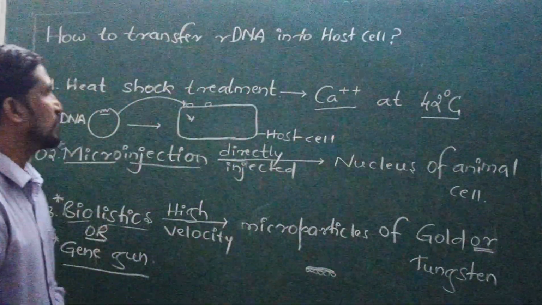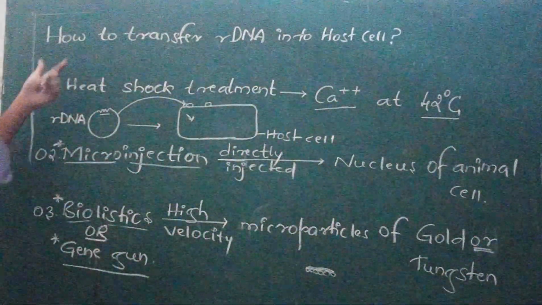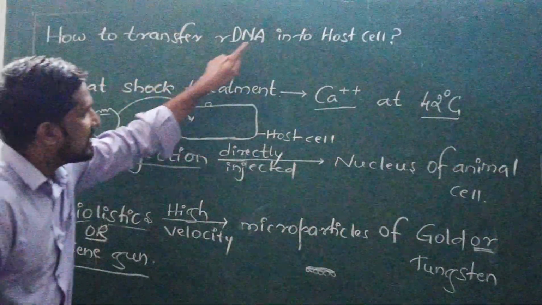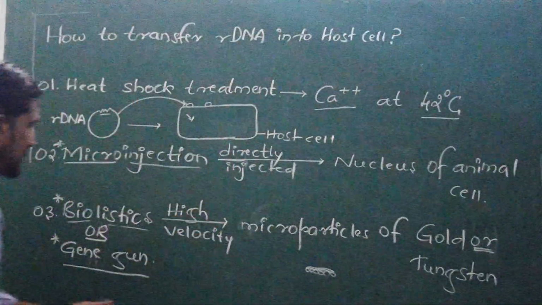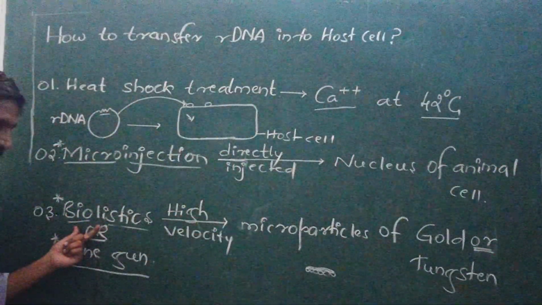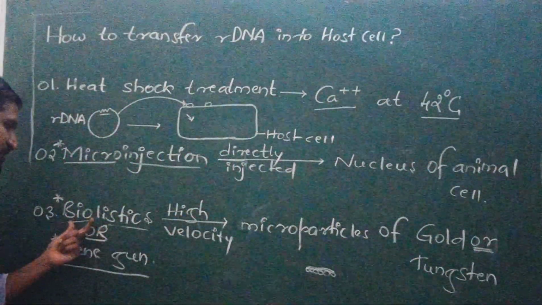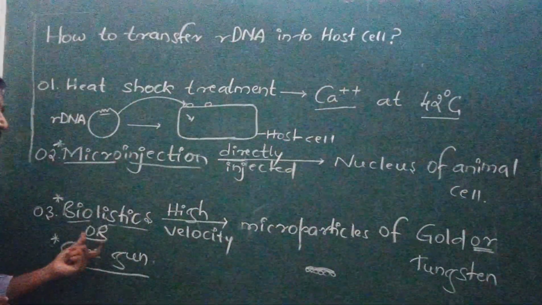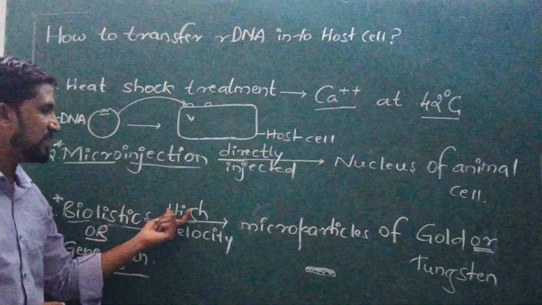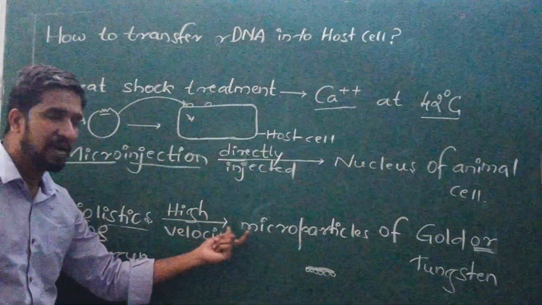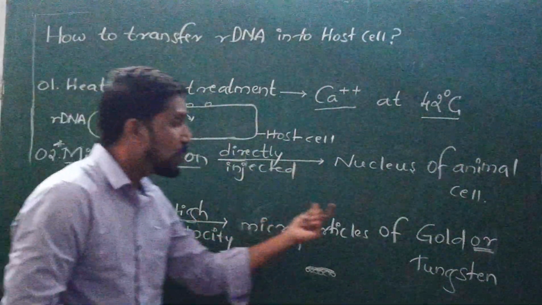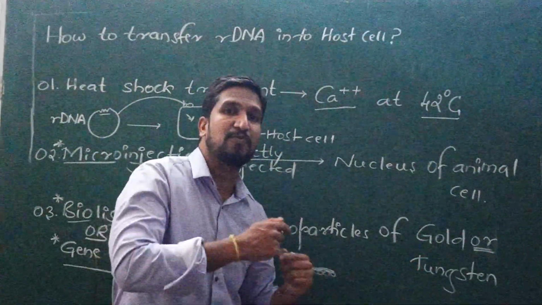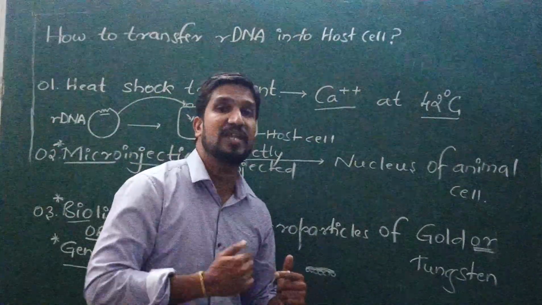Once again, I am telling you students that the third method to transfer rDNA into the host cell is biolistics. Another name for biolistics is gene gun, and in this method high velocity microparticles of gold or tungsten are wrapped with DNA.